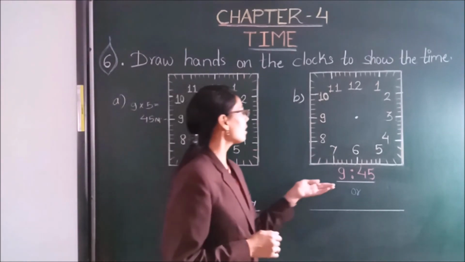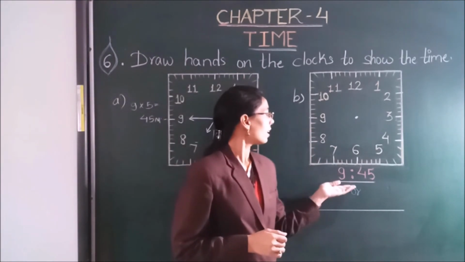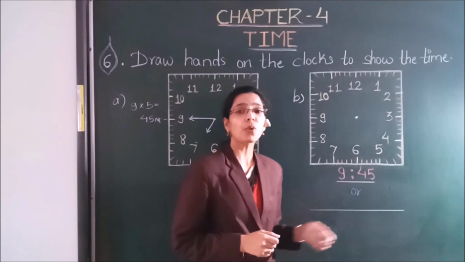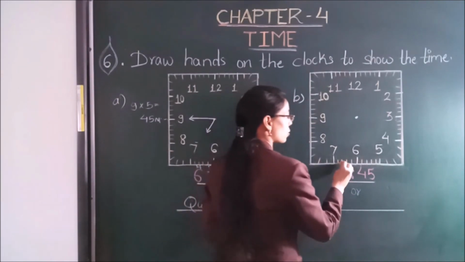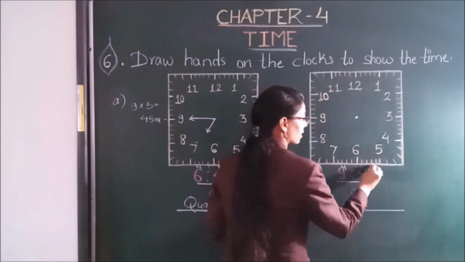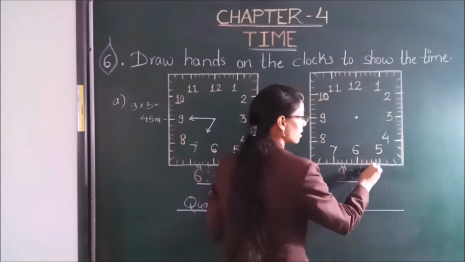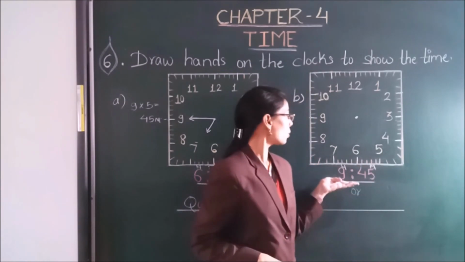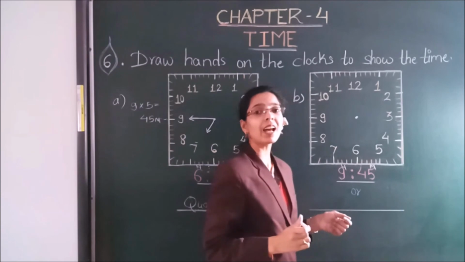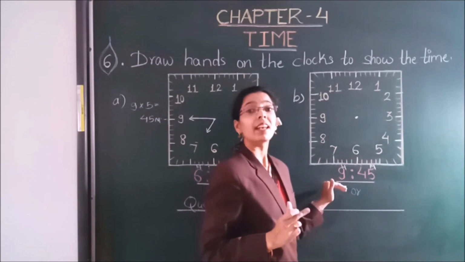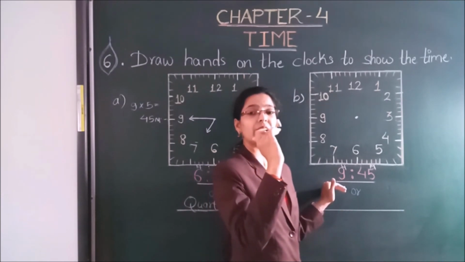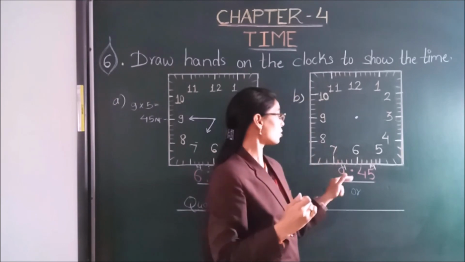Now look at here. Next. Here B. Here the time is 9:45. This shows hour and this shows minutes. Okay, so where we have to draw the hour hand, it has crossed 9. So between 9 and 10, it has crossed 9.